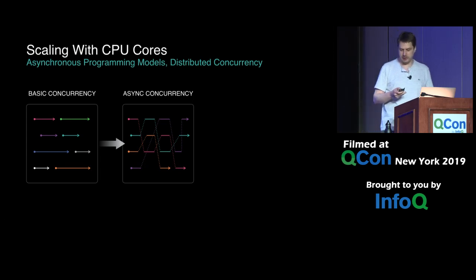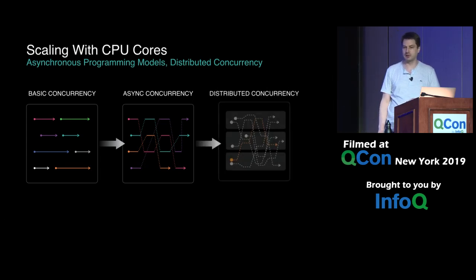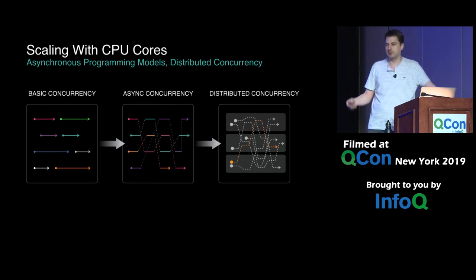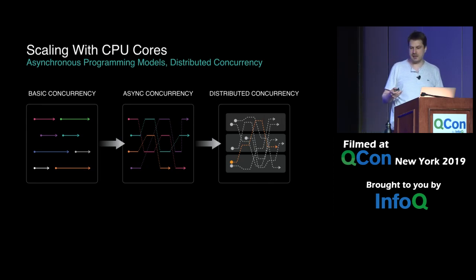And finally, when we blew that up into the microservices world, we created distributed concurrency, where a single request not only jumps across threads, but across threads in different processes, different nodes. Understanding these systems and debugging them became really, really hard, not as it was before with distributed systems.